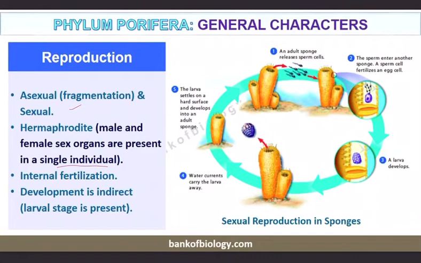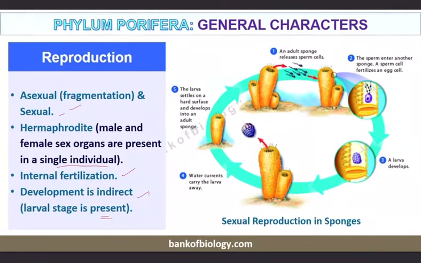Normally through asexual reproduction or fragmentation. And some of them are hermaphrodites. What is a hermaphrodite? A hermaphrodite has male and female sex organs in the same body of the individual. Both male sex as well as female sex are present in the same individual, and such animals are called hermaphrodites.